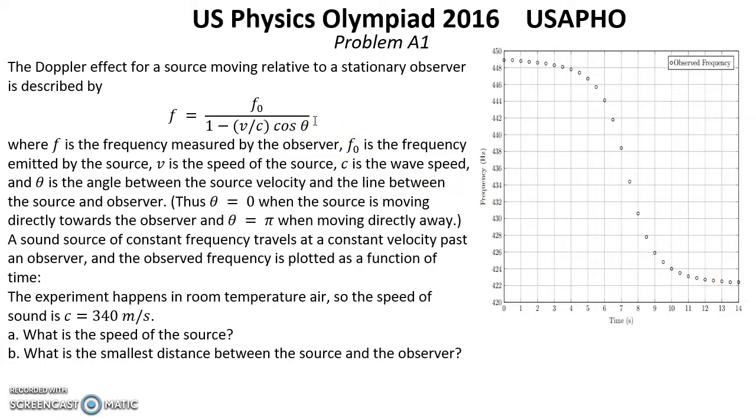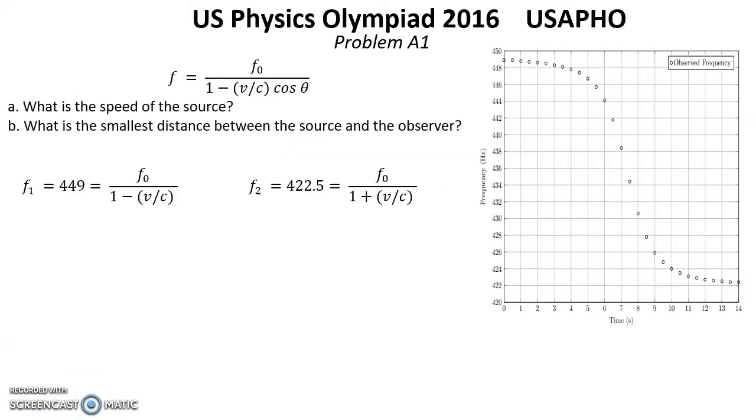So we can write two equations. For these two asymptotes, we have F1 equal 449 Hz and F2 equal 422.5 Hz. So now we can divide the first expression by the second expression and find what V over C is.